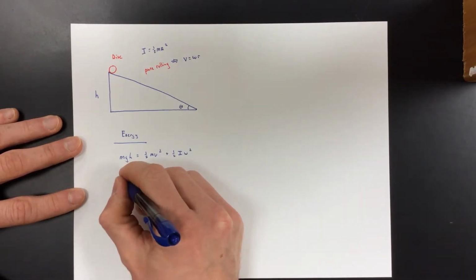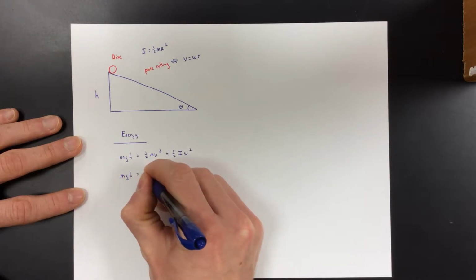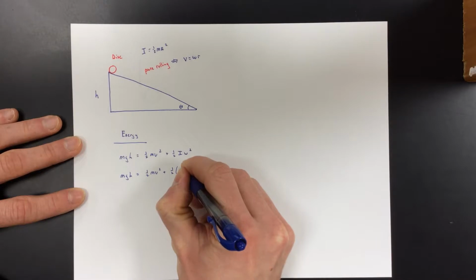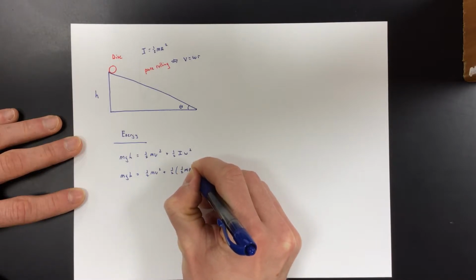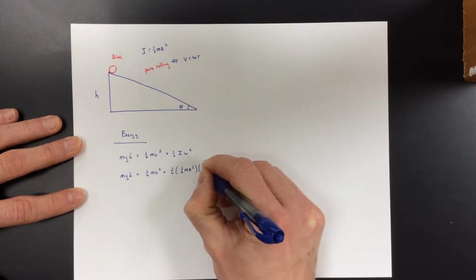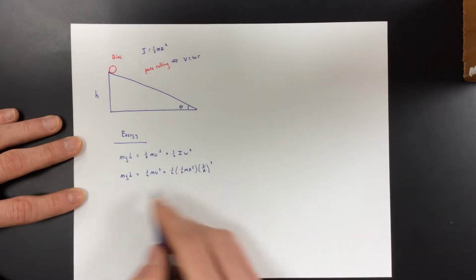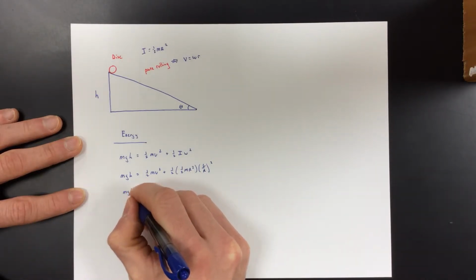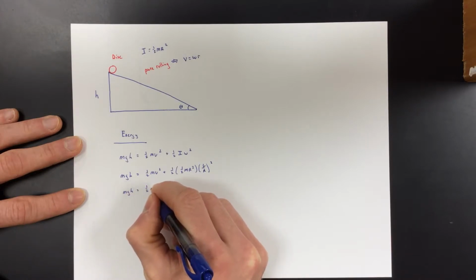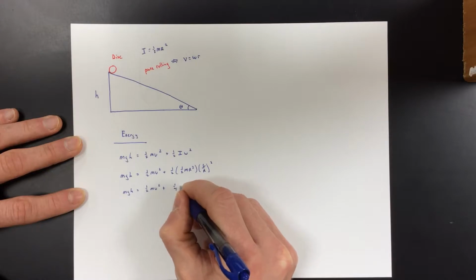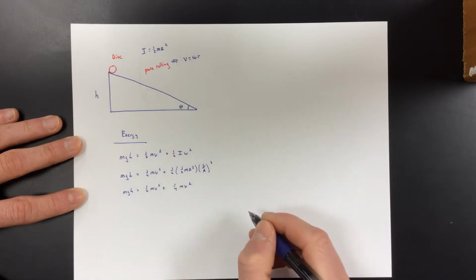Most of the time, you might want to solve for v, and so you'd replace I for what you know it is, 1/2 mr squared, and you'd make omega v over r squared. These r squares are going to cancel, and so you're going to get mgh equals 1/2 mv squared plus 1/2 of 1/2, so that's 1/4 mv squared.